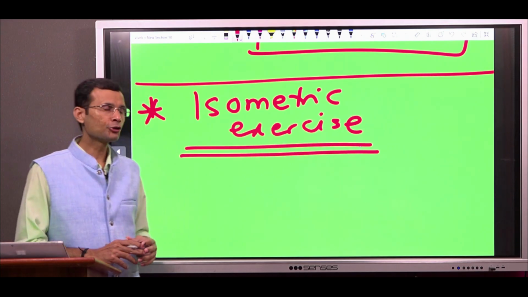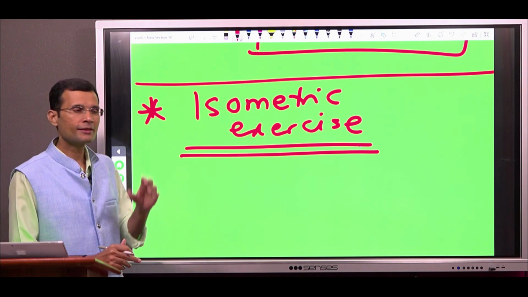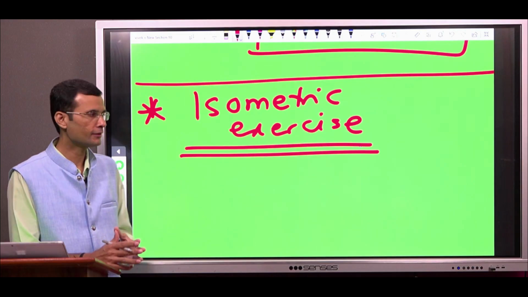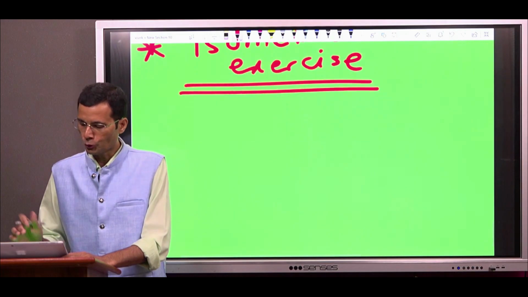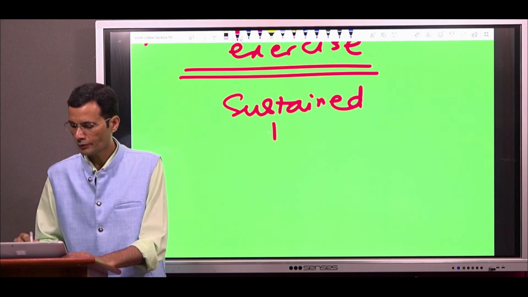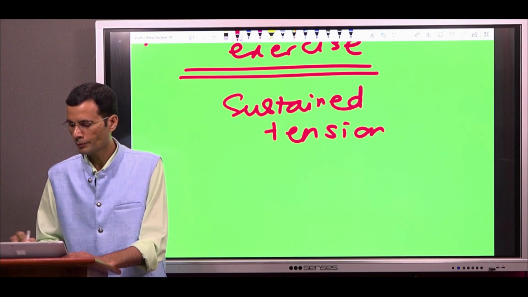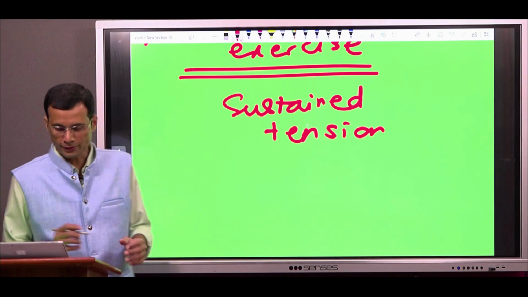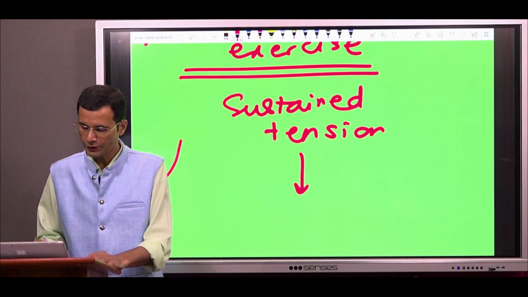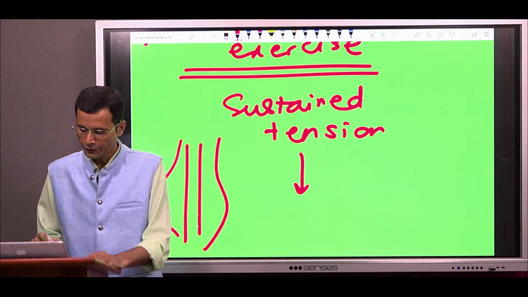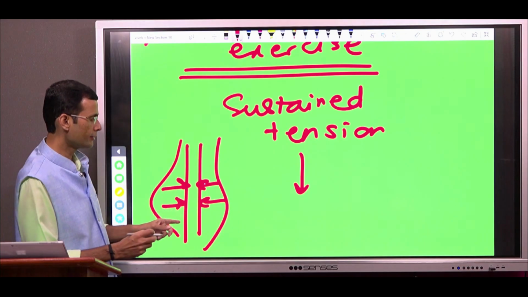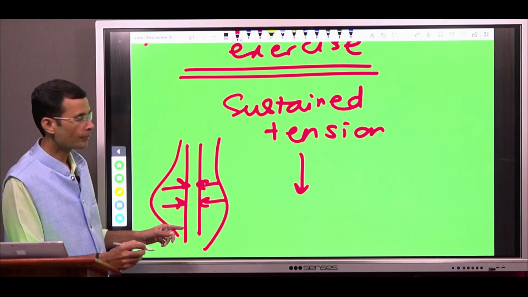As I have mentioned, isometric exercise means there is sustained tension development in a muscle or in a group of muscles. So, sustained tension development without shortening in a group of muscles, and if it is a sustained tension development, then there will be a sustained compression of the blood vessels inside the skeletal muscles.